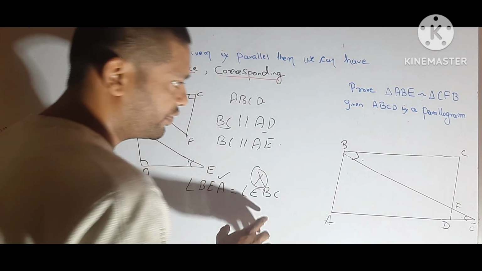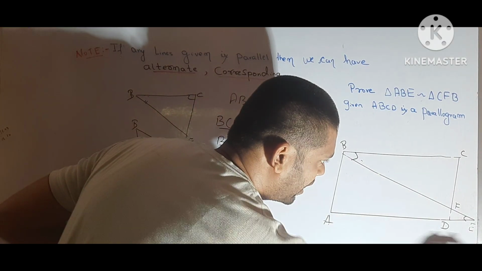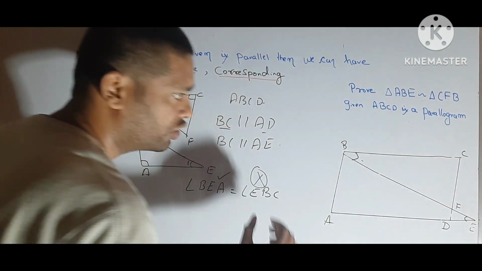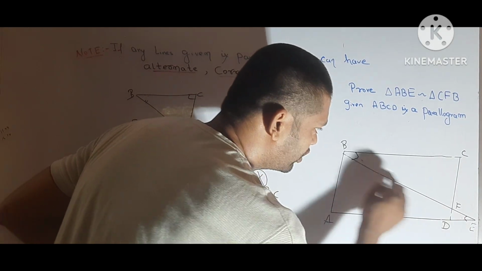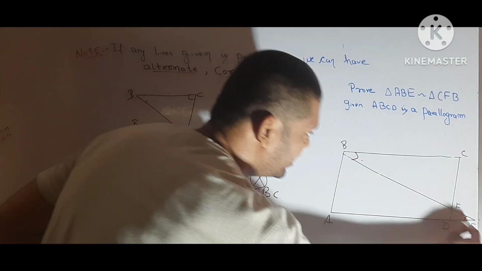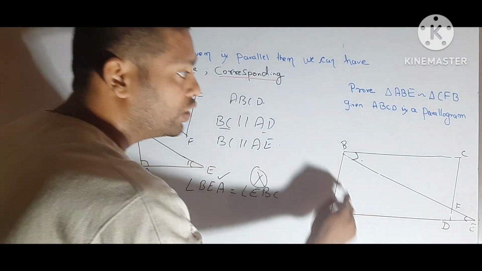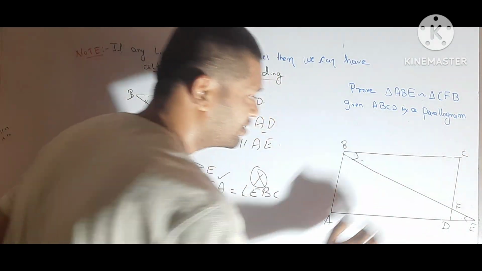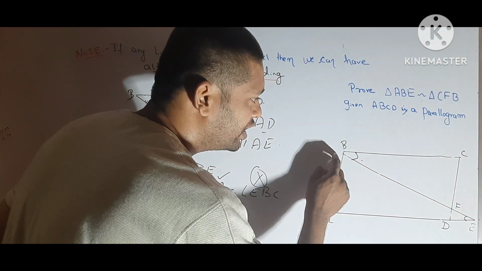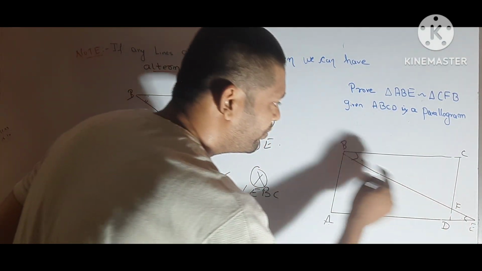If you see, as I told you, this is the extended part; DE is the extended part. So can I say this angle is equal to this angle? We already told that. But when I'm using the name of the triangle, AEB equal to EBC, can I use AEB equal to FBC?